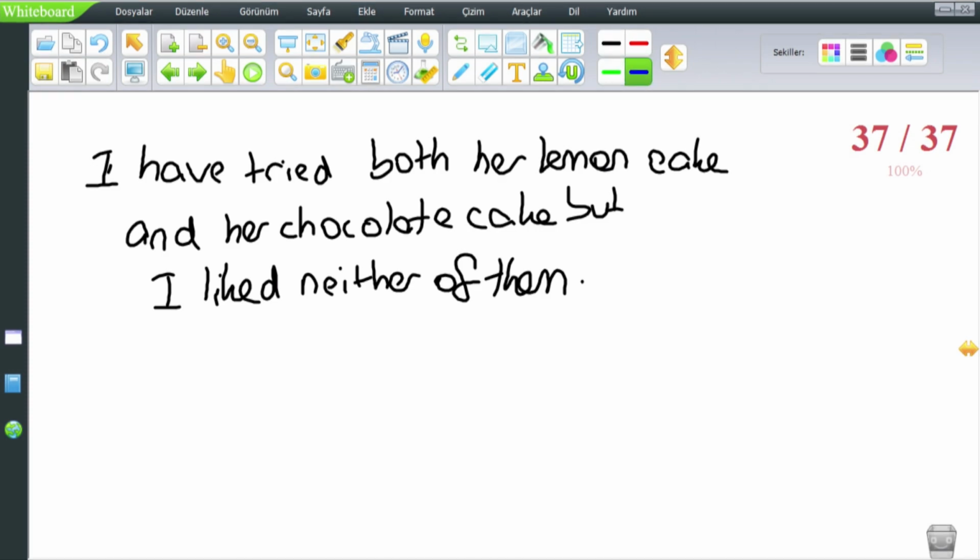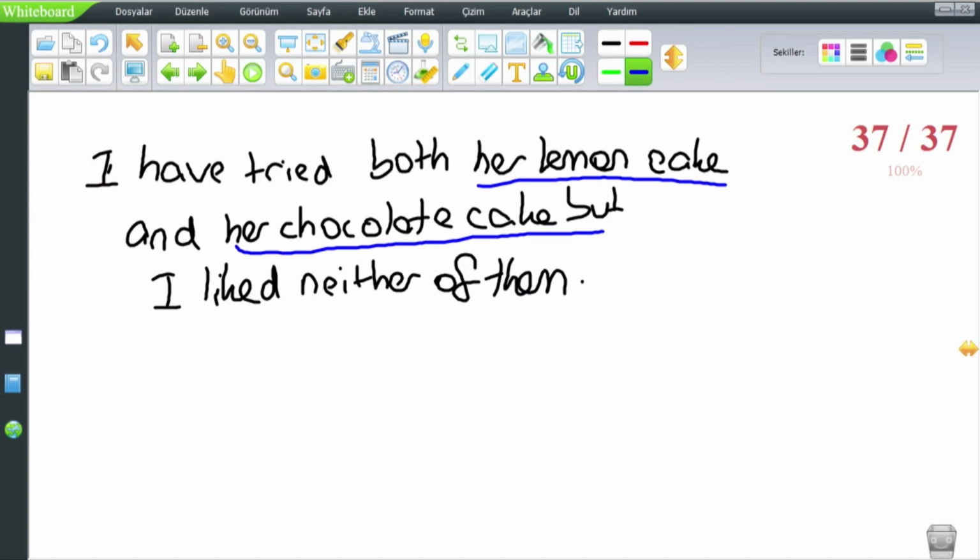In this example, the main clause is that I have tried her lemon cake and her chocolate cake, but I didn't like them. Neither did I like her lemon cake nor her chocolate cake. It applies to both of them.